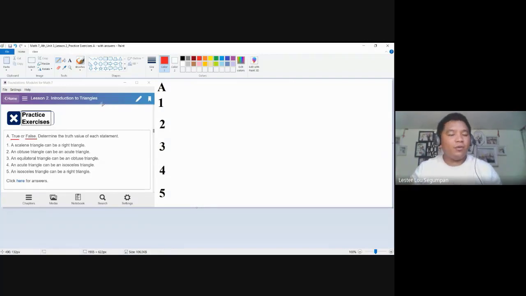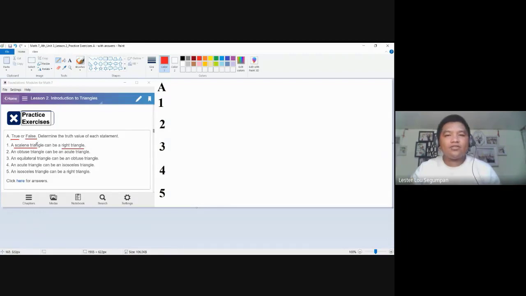Let's talk about number 1. A scalene triangle can be a right triangle. In trying to determine the truth value of each statement here, specifically for number 1, look at the two triangles being described. It states that a scalene can be a right triangle.